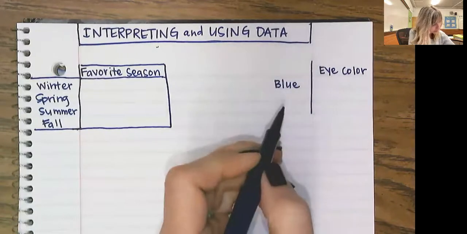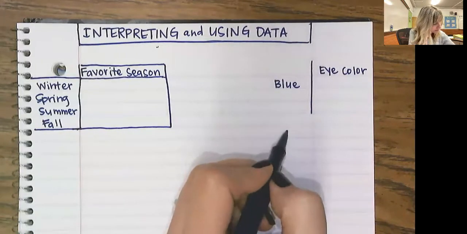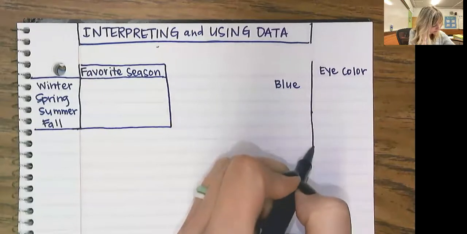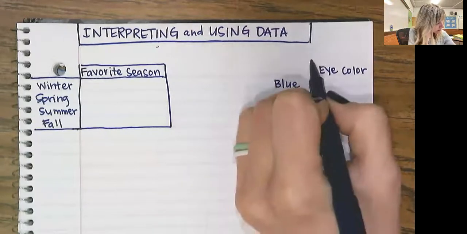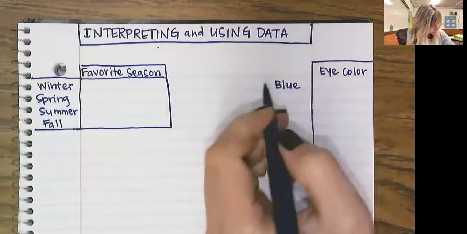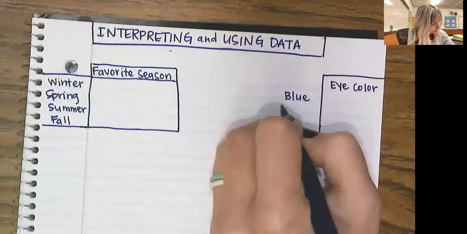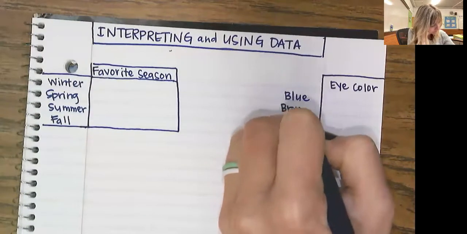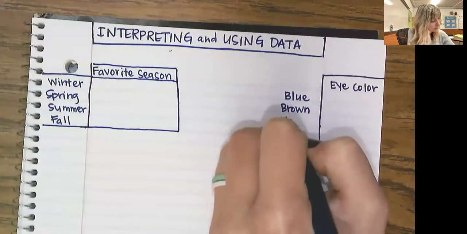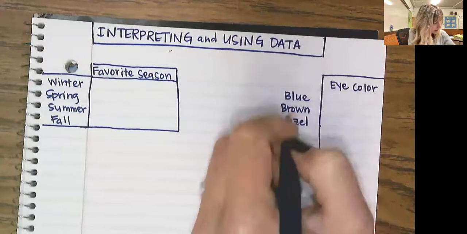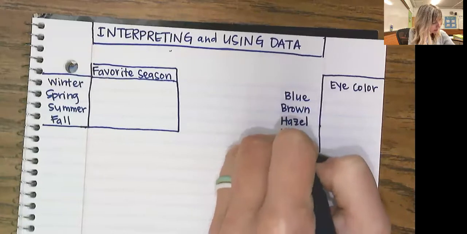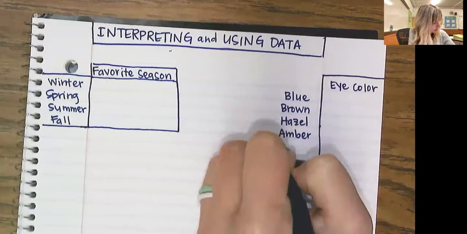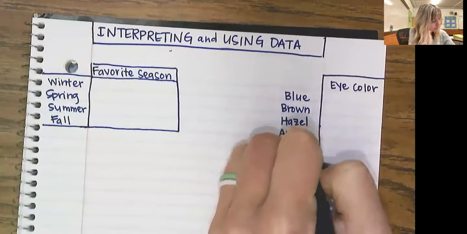This needs to go down 1, 2, 3, 4, 5, 6 spaces right to there. There were 6 options I gave you there. So we have blue, we have brown, hazel, amber, amber eyes, green eyes, or gray.